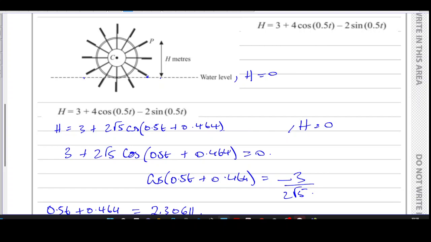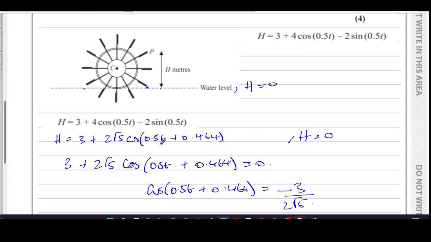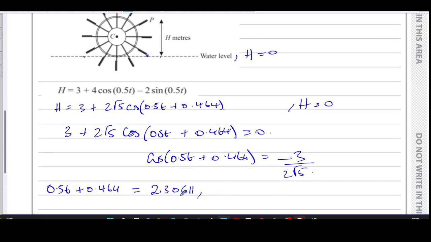So this is the principal solution here, and as I was mentioning, there are other solutions which we have to find, and we have to find the time between those values. The time is going to be found when we rearrange this. That's one time: when I rearrange this, if I subtract 0.464 from this and divide by 0.5, that'll be one time when the paddle hits the water, because that's when the height is 0.